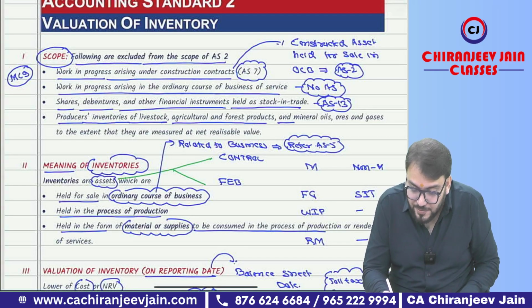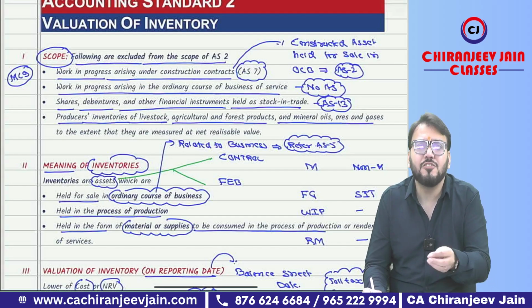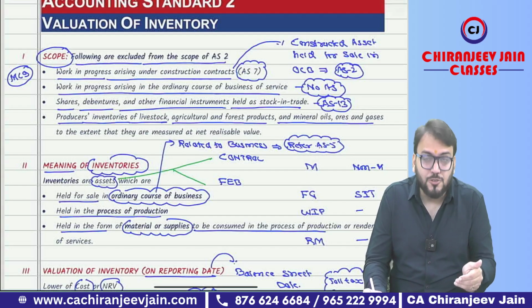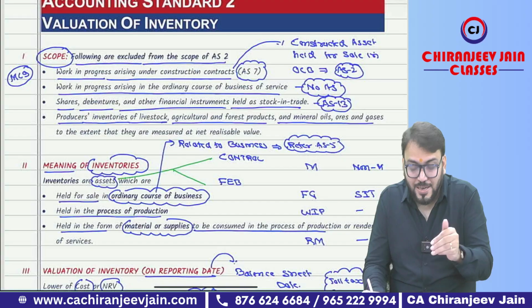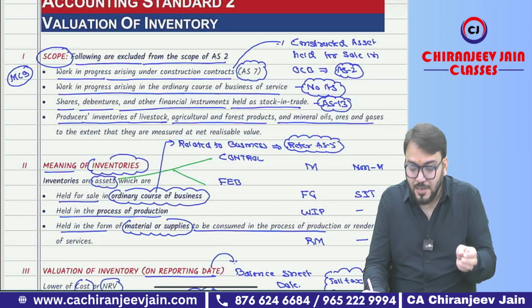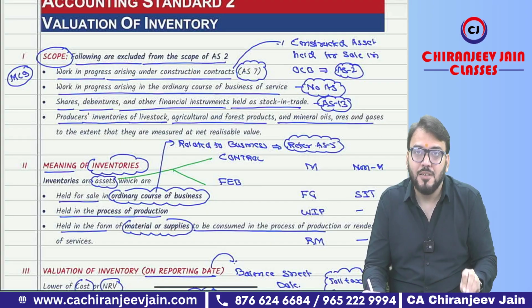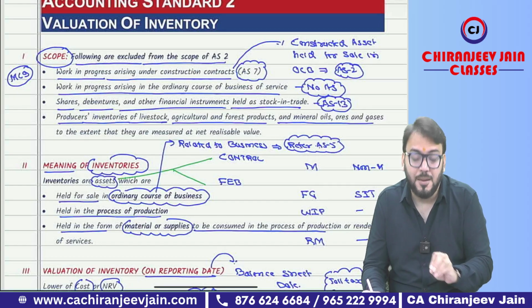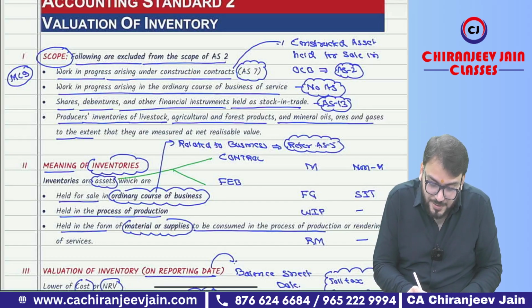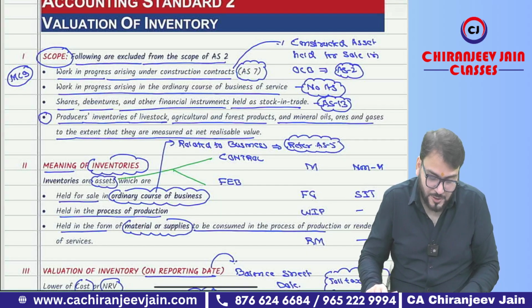And mineral oil, ores and gases means any natural resources. So if you are the producer of inventories of livestock, agriculture and forest product, and mineral oil, ores or natural gases, that is not covered under AS2 to the extent they are measured at NRV.